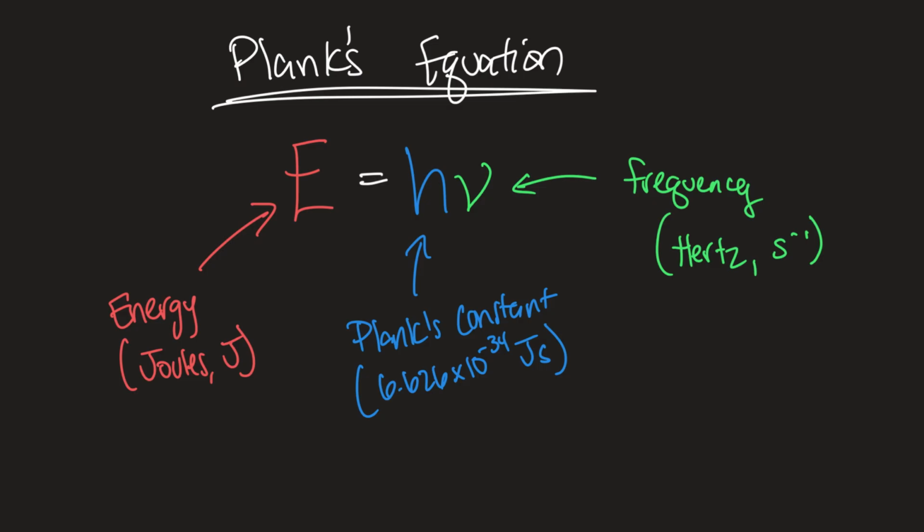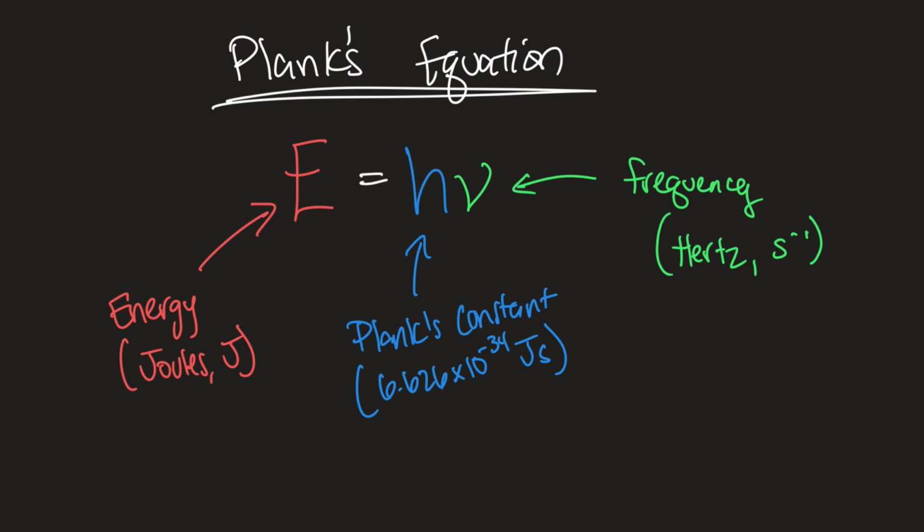Based off of the photoelectric phenomenon that we looked at earlier, a scientist, Planck, back in the 1900s looked at this and realized there is a relationship between the frequency of the wave or the light itself and how much energy it has. He found this relationship where energy is equal to Planck's constant times the frequency.